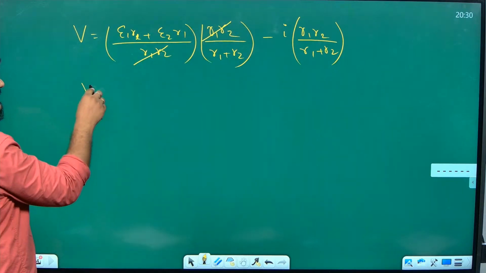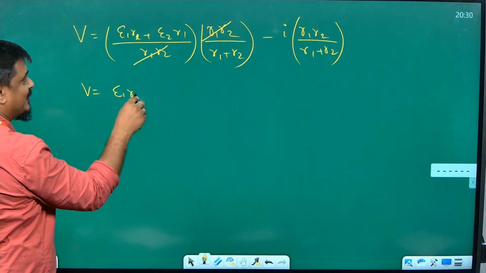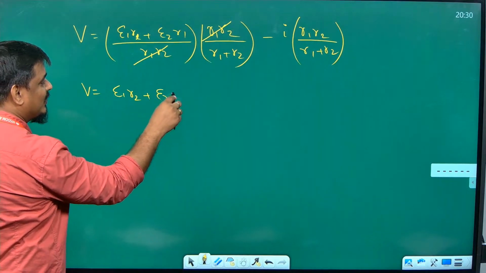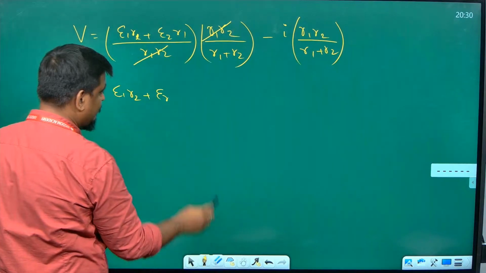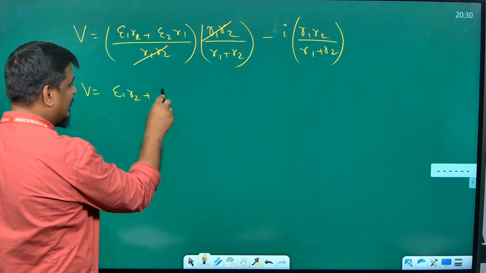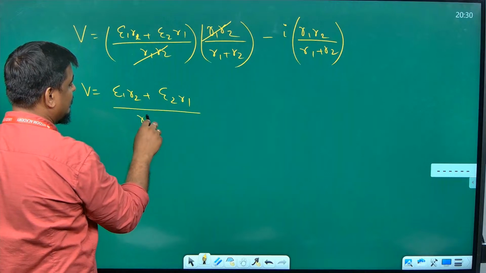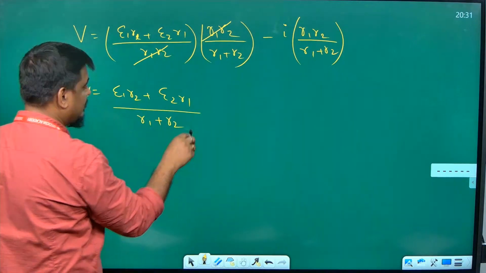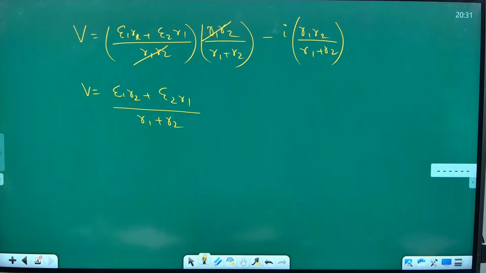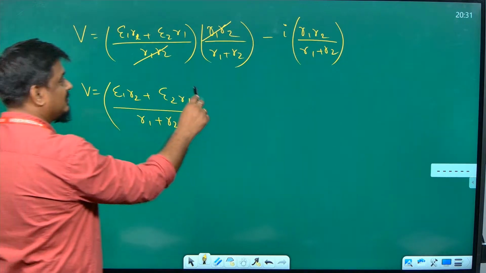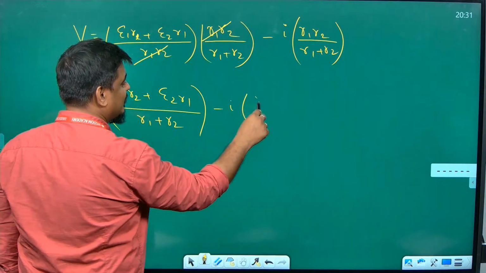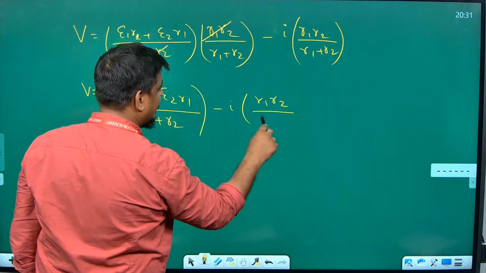I get V is equal to E1 R2 plus E2 R1 by R1 plus R2, minus I into R1 R2 by R1 plus R2. Am I doing it correctly or have I made some mistake?